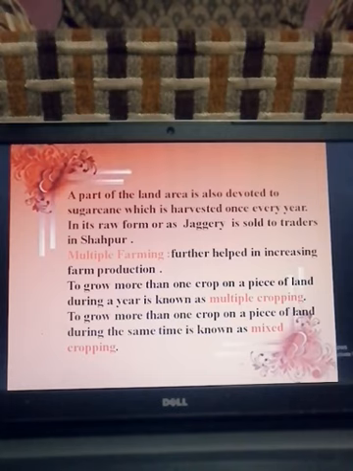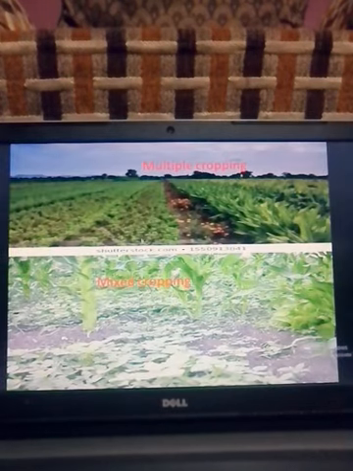Whereas mixed cropping means to grow more than one crop on the same piece of land during the same time. See, there is a difference here. In multiple cropping we are talking about during a year: in one year, according to the season, the crops are grown. Whereas in mixed cropping, at the same time, two crops are grown on the same piece of land. Now you see the figure.